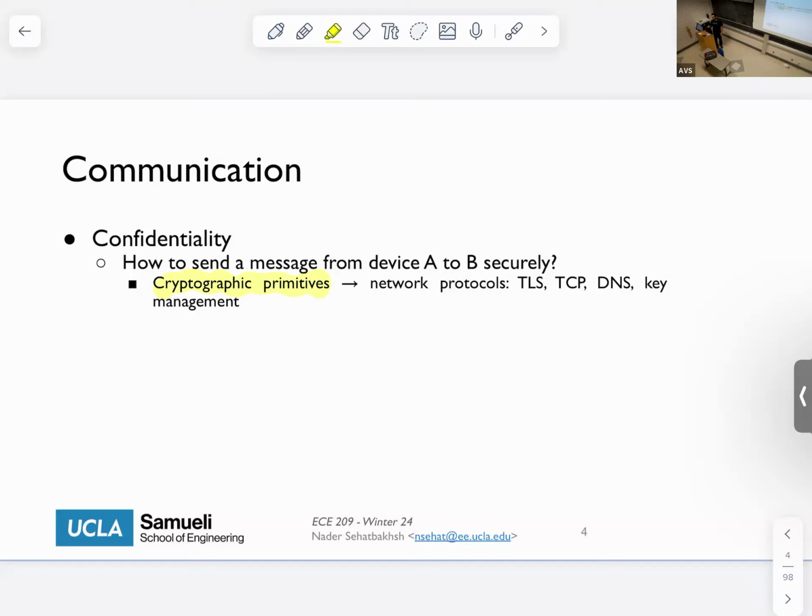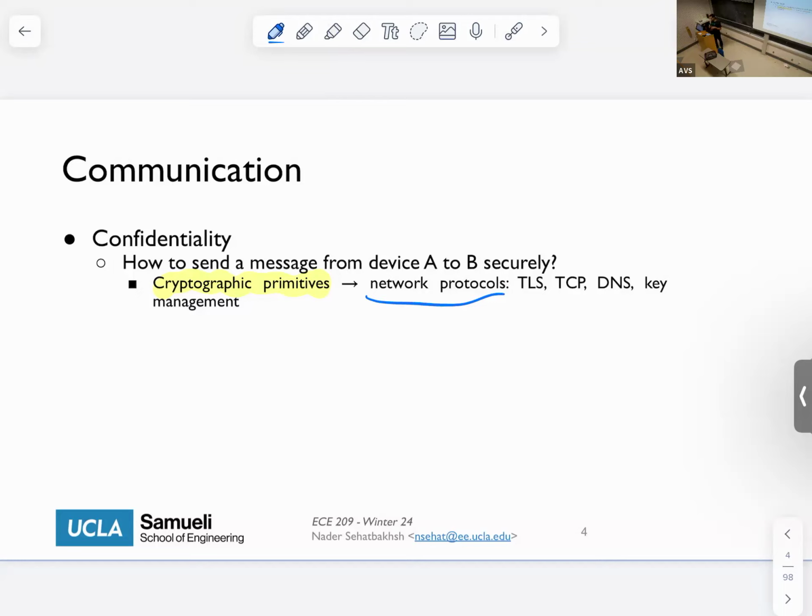If you remember, I told you that there are primitives such as encryption, decryption, authentication codes and hashing and all those things. But then based on those primitives, we're going to build protocols, okay? So there are a whole bunch of different network protocols such as TLS, TCP, DNS, key management.